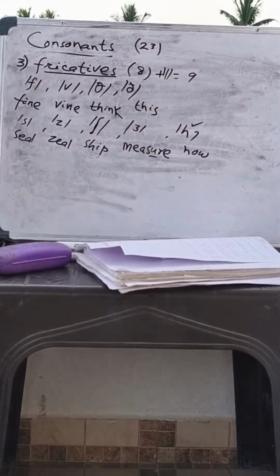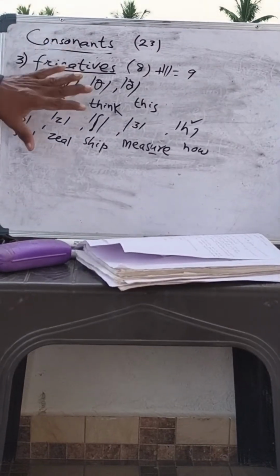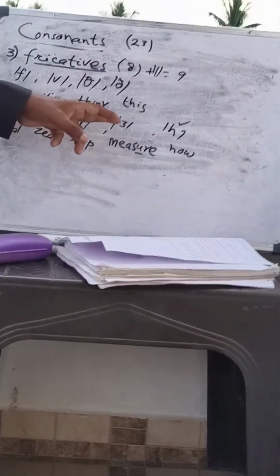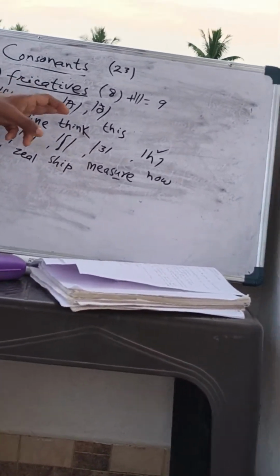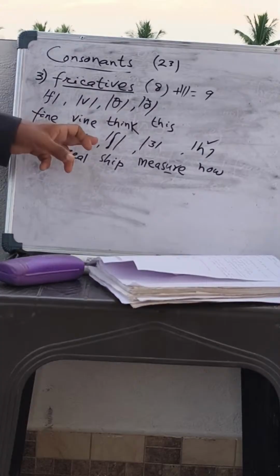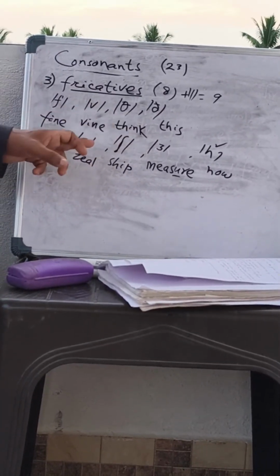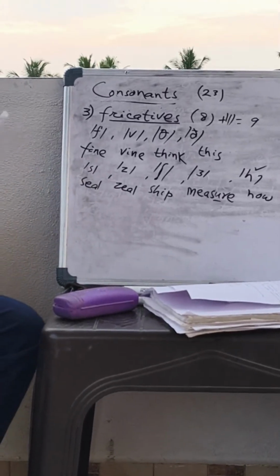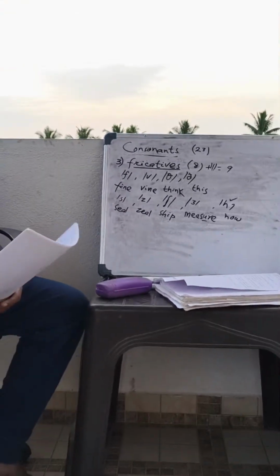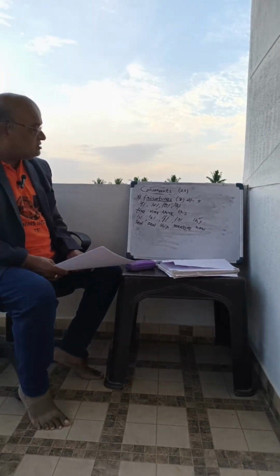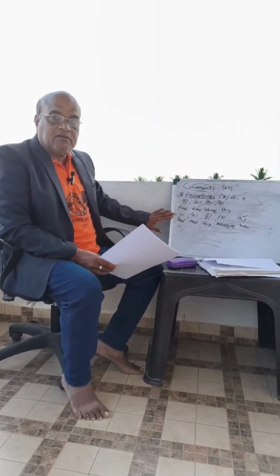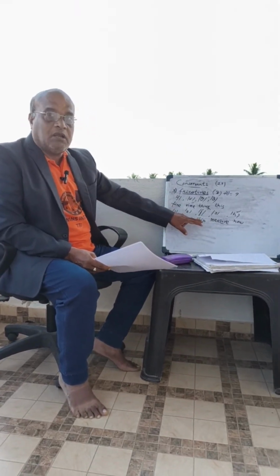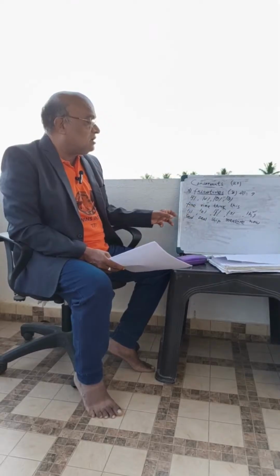How is another one, also a fricative. So, sheep, and it is seal. In our mother tongue, we have three types of s, but in spoken English, there are two types.